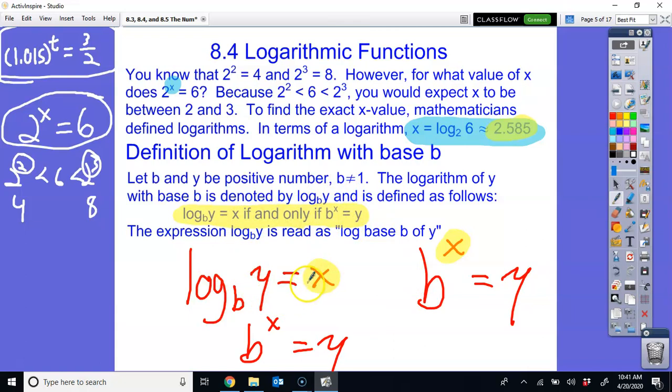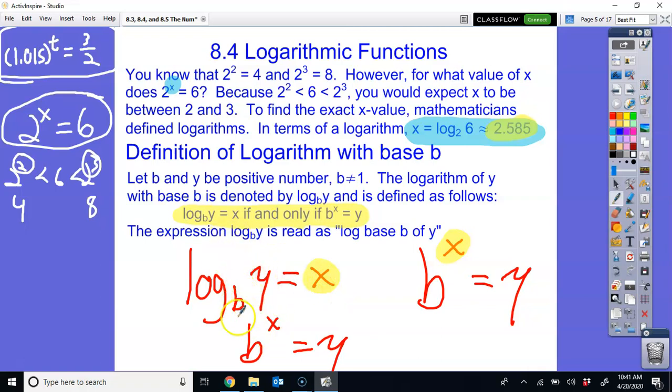And so the first thing we're going to practice is taking something from logarithmic form to exponential form, or exponential form to logarithmic form. Again, here's the key. This base raised to this exponent equals this number.